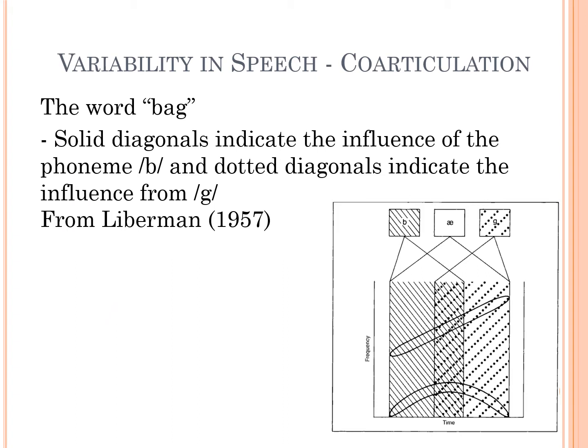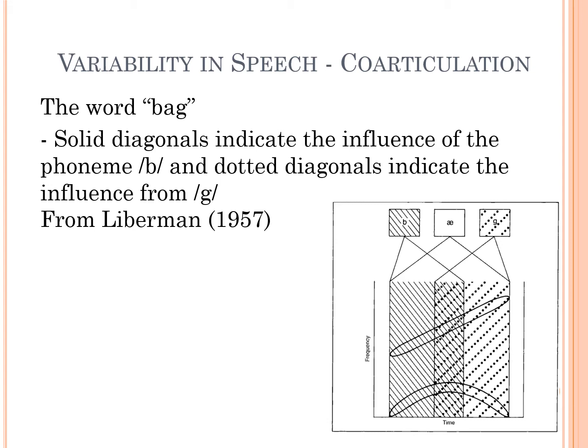This picture comes from Lieberman in 1957, and what he's showing here is the word bag, and if you remember back to that speech spectrogram of the word had, most of what you could see there was the ah sound. And what this is showing is how the b sound before bag is influencing our articulation of the ah, all along where we see those diagonal lines.